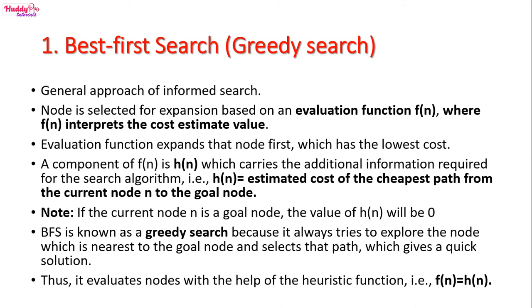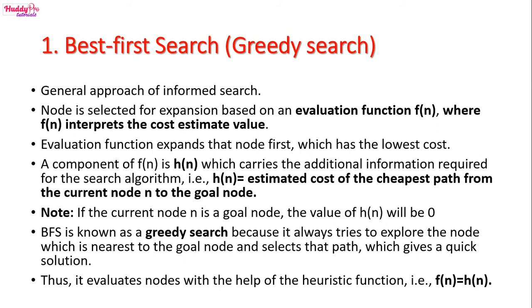Before this algorithm looks for that path with a quick solution, it will always try to look for the node that is nearest to the goal node. That's why it's greedy.